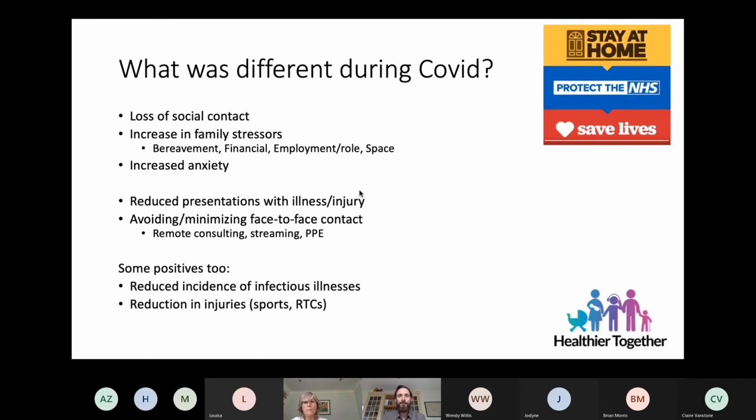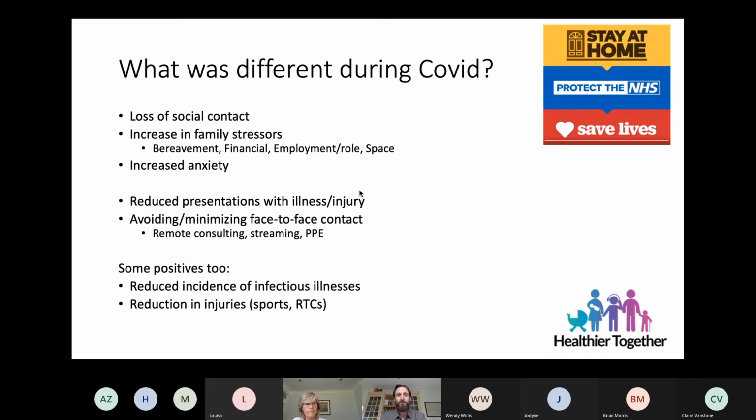So firstly, a bit of a reminder of the obvious, what was different during COVID, and some of this still applies. And just reminding ourselves how much has changed since a couple of years ago. So obviously right at the peak of lockdown, families were suffering, as indeed everyone was, a lot of a loss of social contact. There were a lot of background family stresses in families.